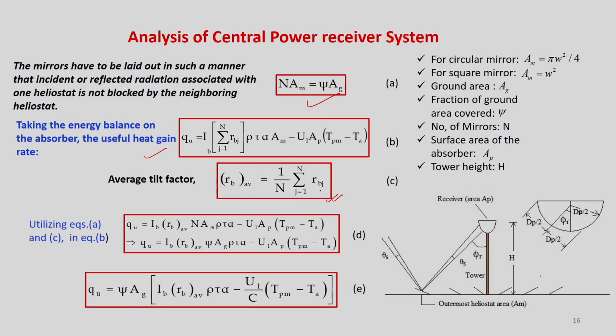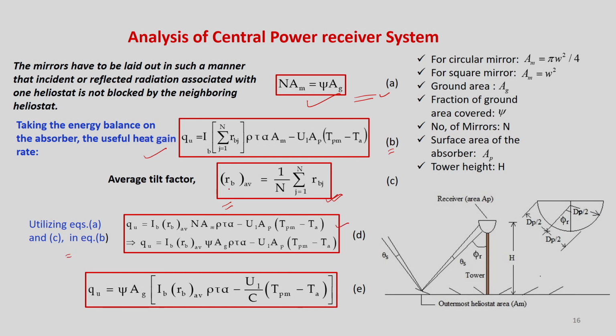To write the average tilt factor, it will be 1 by n times the summation of this R_b,j. If we use this R_b,j, defined by equation A, in equation B, then we will get something like this.